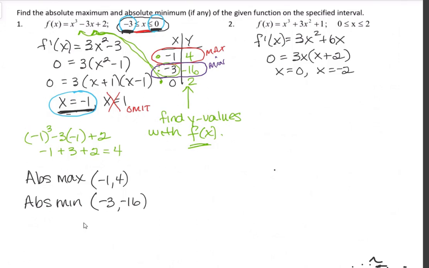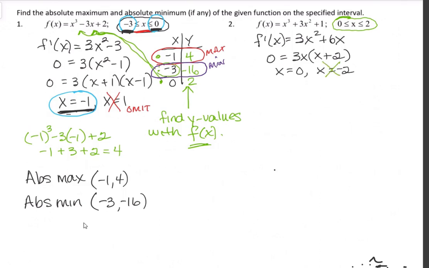Once I find my critical values, remember this is a crucial step: check those critical values against the interval that we were given and throw out any that do not fit between 0 and 2. That means I get to throw out the -2.